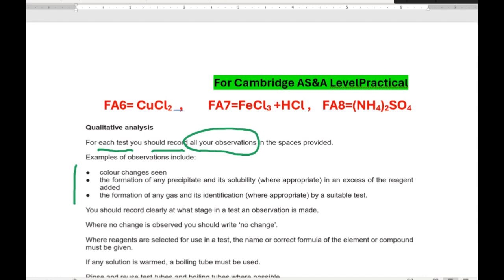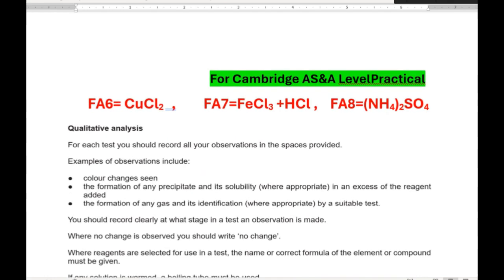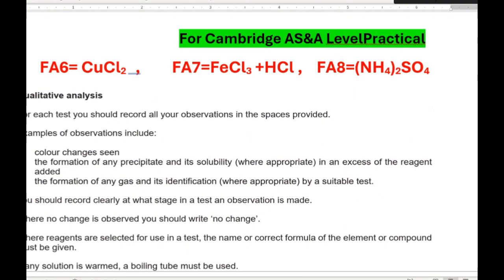First, color change is seen. What color change? Blue or pink or white precipitate, you must write what color you observe.